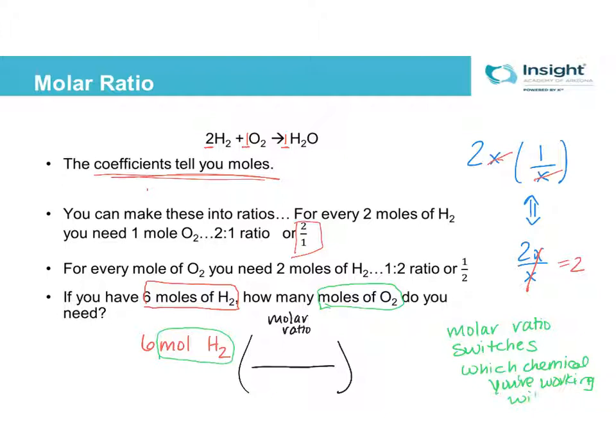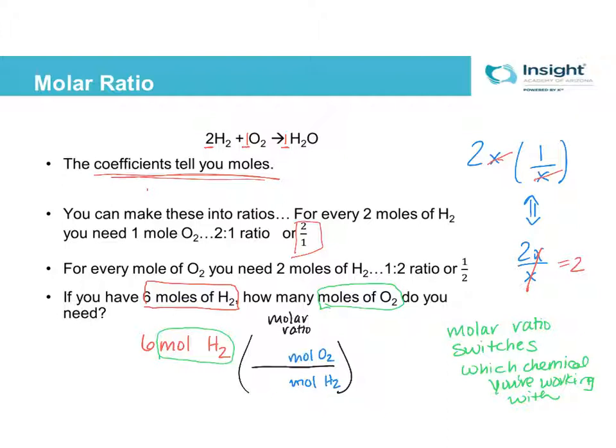All right, so this is where you're going to switch from what you started in to the chemical that the question's asking you about. All right, in the bottom, you're going to cancel out what you started with. So we need to put moles of H2 in the bottom so that we can cancel that. We're going to put moles of oxygen up top because that's what we want to go to.